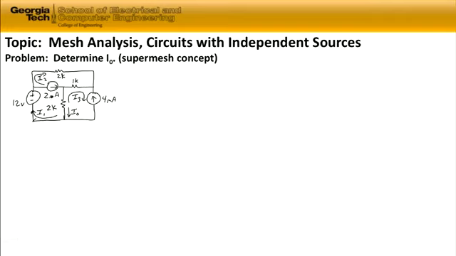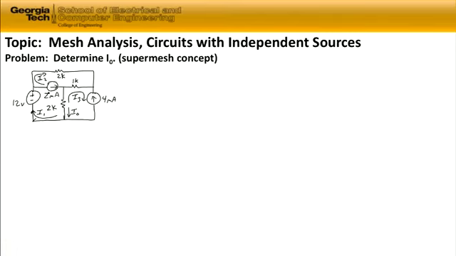So if we're trying to find the solutions to I1, I2, and I3 in mesh analysis, and we have a current source tied between two adjacent loops or meshes, then we need to use this concept of supermesh.